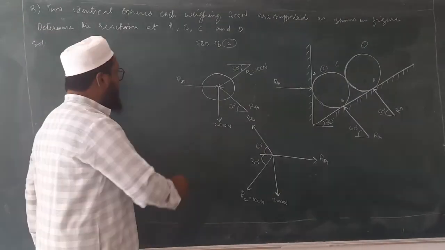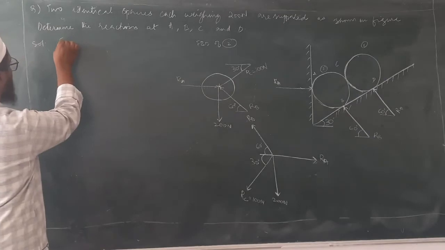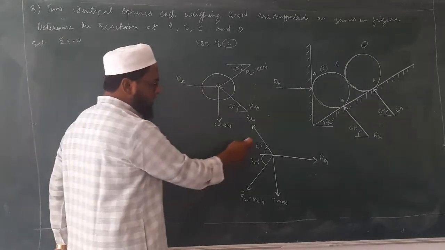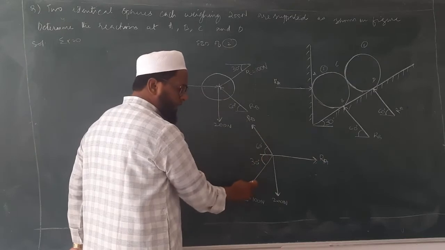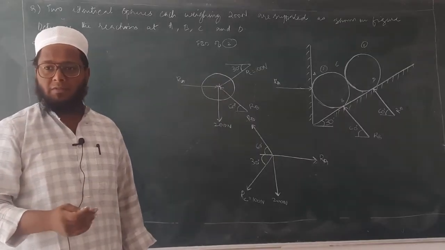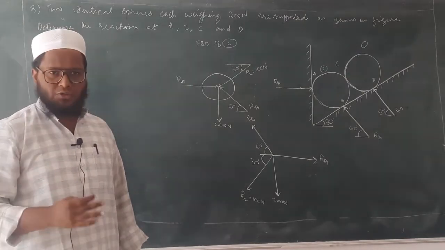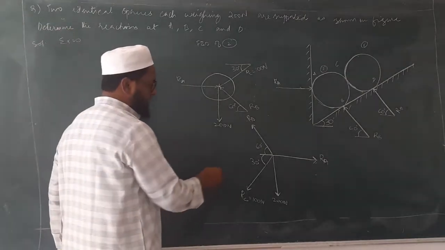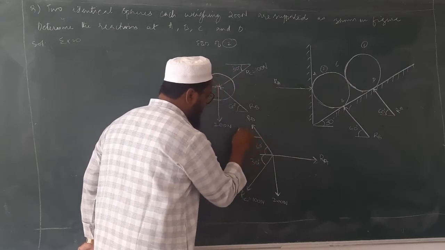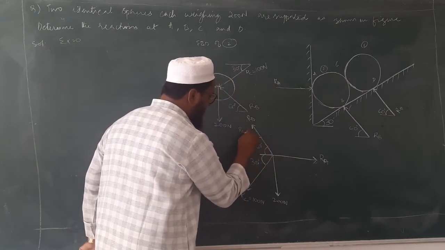Now, when you go for sigma x is equal to 0, we have an inclined force here. So whenever you have inclined forces, what will happen? We will be having 2 components of each inclined force. So this will be RBX.